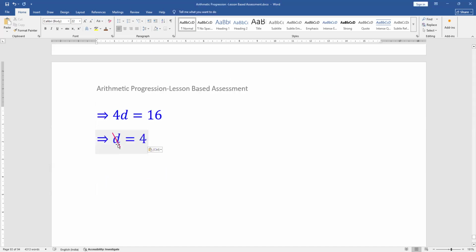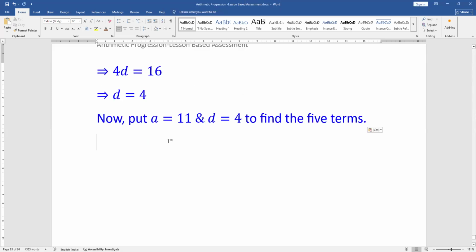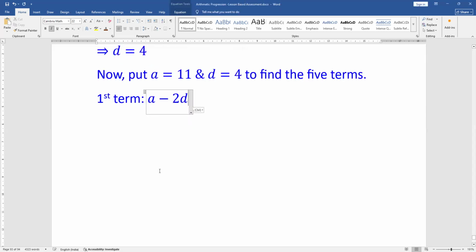Okay, now next, I'm going to put d equals 4 and find the terms. Put a equals 11 and d equals 4. The first term, as I told you, is nothing but a minus 2d.